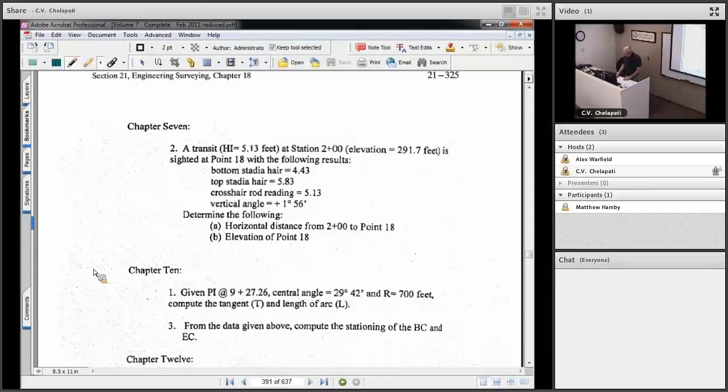The first homework problems are located in Chapter 18, and we're going to begin on page 325. So on page 325 at the top of the page there, number 2, a transit with an HI. What's HI stand for again? Height of instrument.